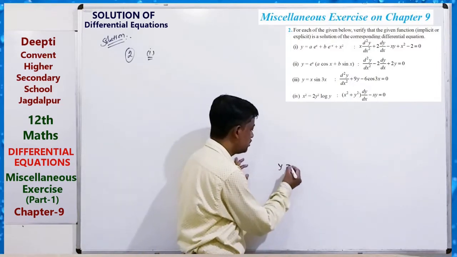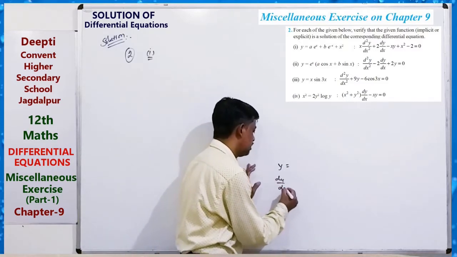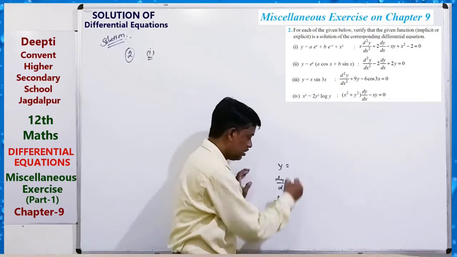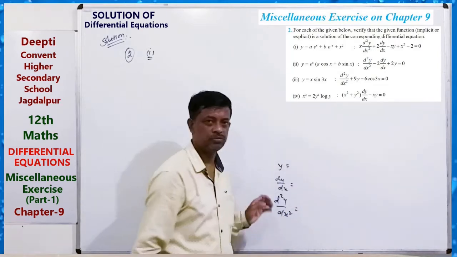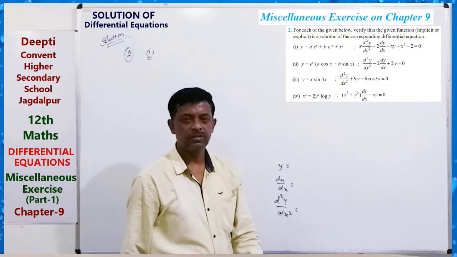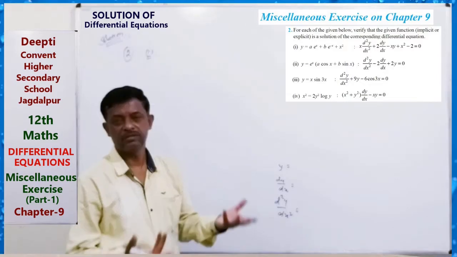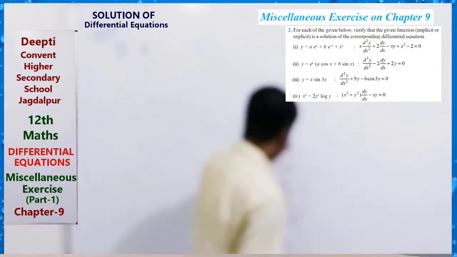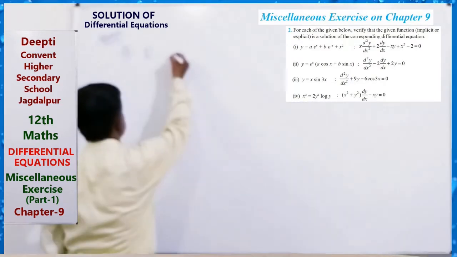If y is a relation of x, just find dy by dx, and if second order derivatives are also present, find those too, and put all these values on the left hand side of the given differential equation and simplify. If you get the right hand side, then the relation is a solution of this differential equation, otherwise not.